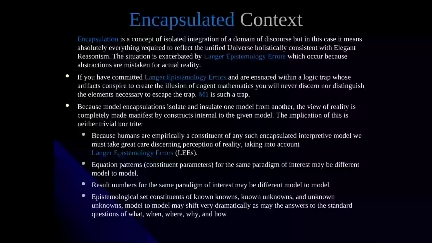The issue is, are you assuring integrity within each encapsulated model? That integrity must be there. It must be assured. So it must be true for M1. It must be true for M2, and it must be true for M5 or M0. And that's how we check those things.